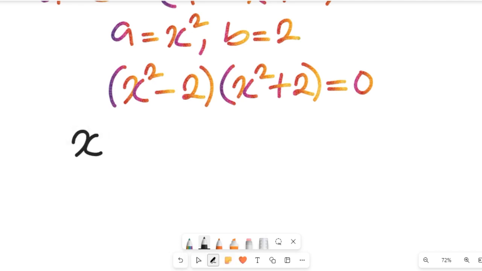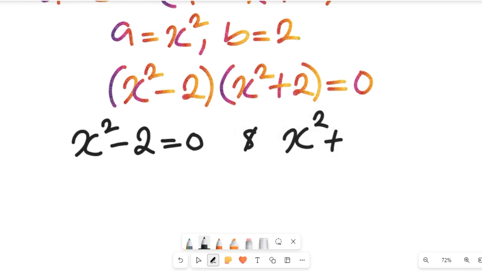So x squared minus 2 will be equal to 0, as well as x squared plus 2 will be equal to 0. So from this expression, we will have x squared, if we add 2 to both sides, to be equal to what? 2.